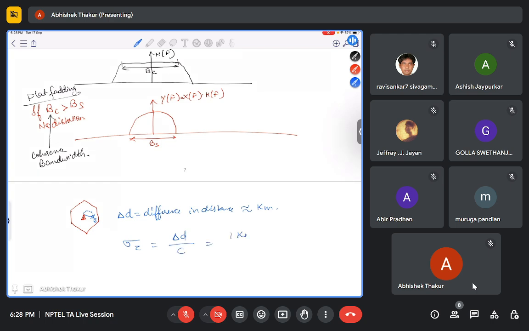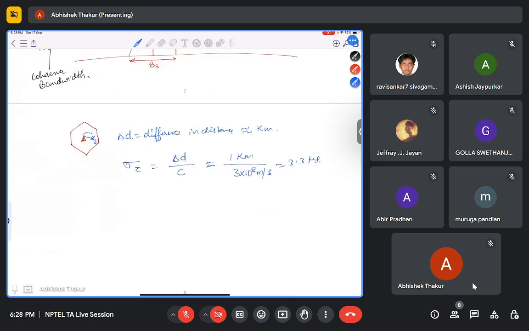So let's suppose this is 1 kilometer. So we will get this in microseconds. So the delay spread is equivalent to 1 to 3 microseconds.